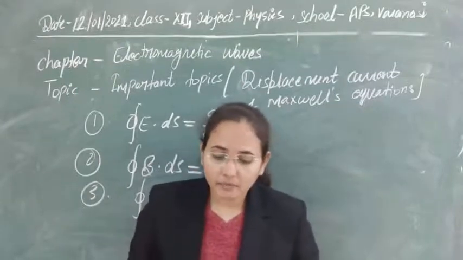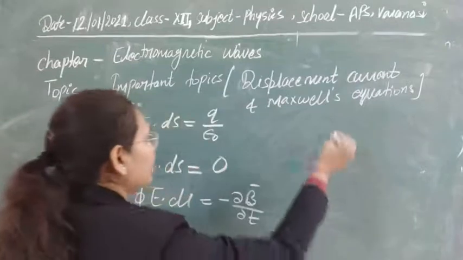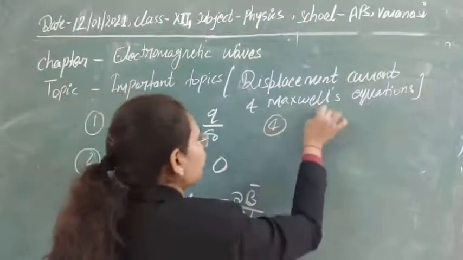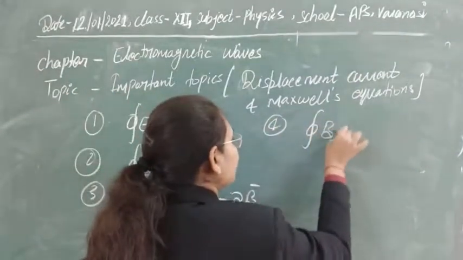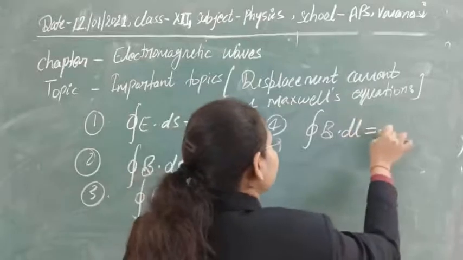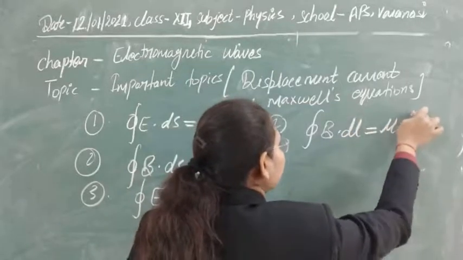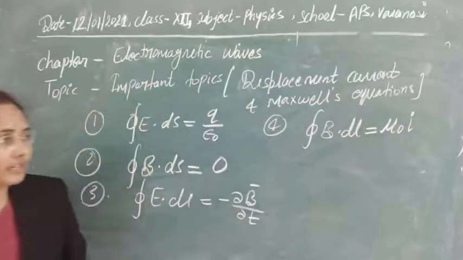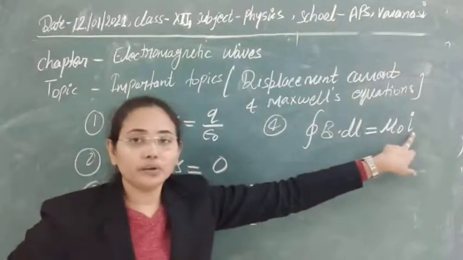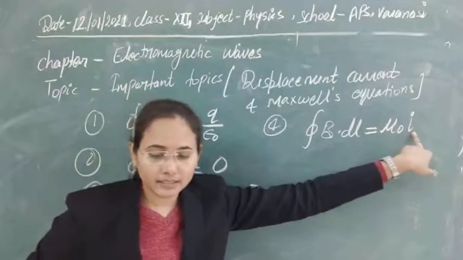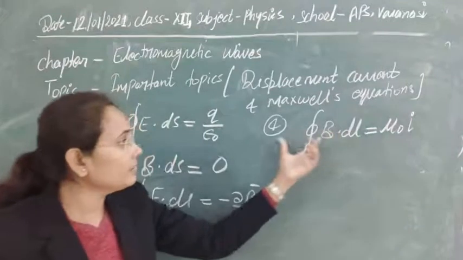With the help of Ampere's law you can write in integral form, closed integral of B dot dl equals mu 0 I, where I is the uniform electric current flowing inside the circuit.